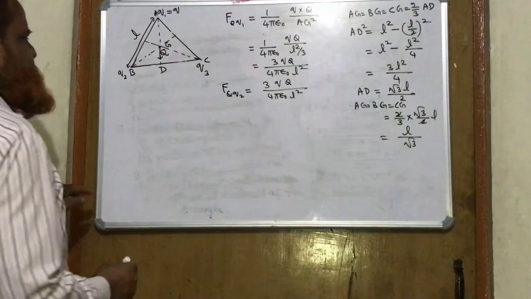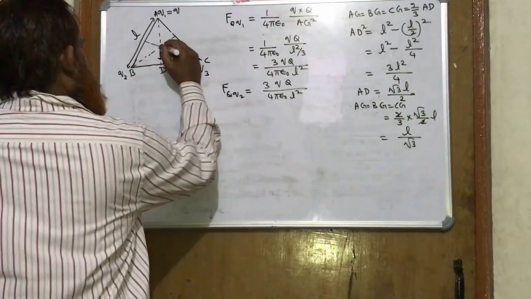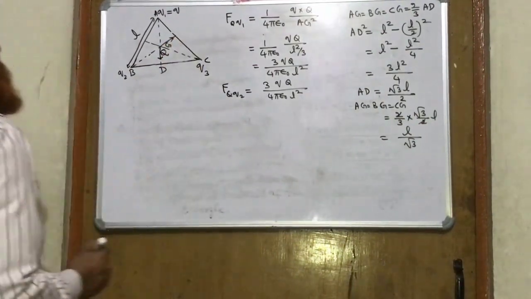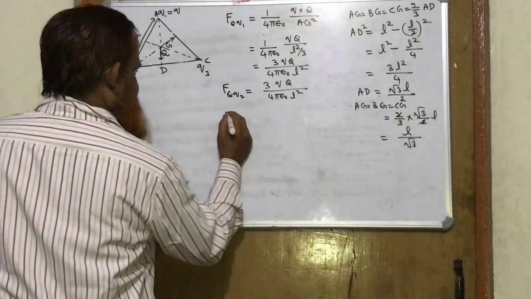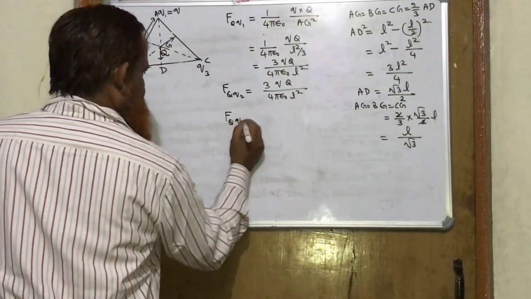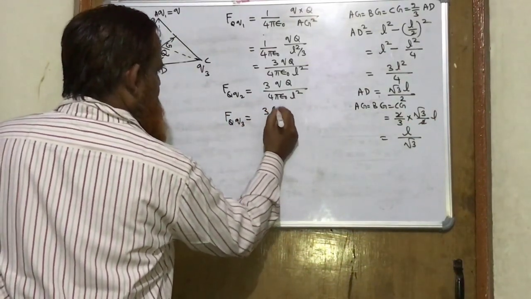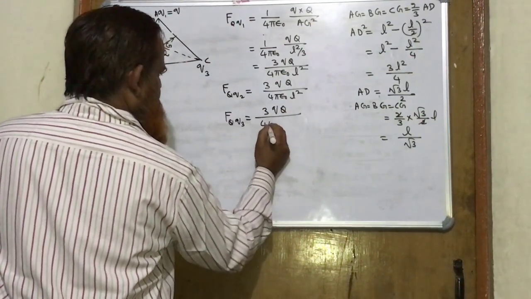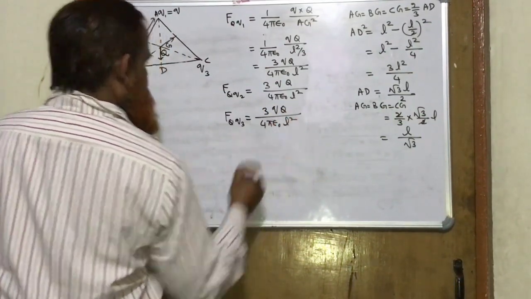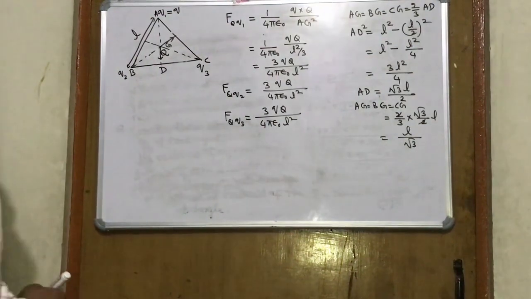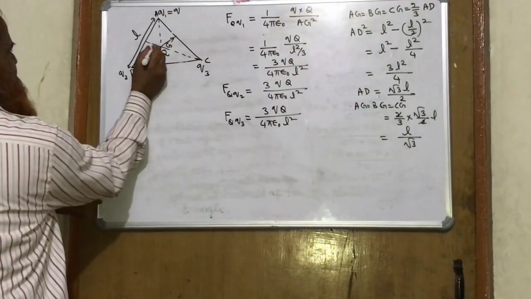The direction is away, in this direction. In the same way we can find Q3, the magnitude is the same, and the direction is in this way.